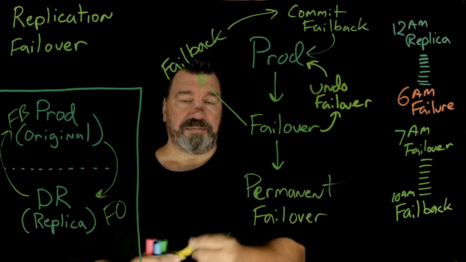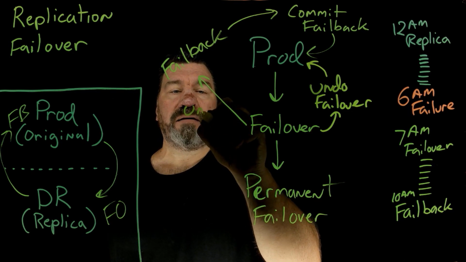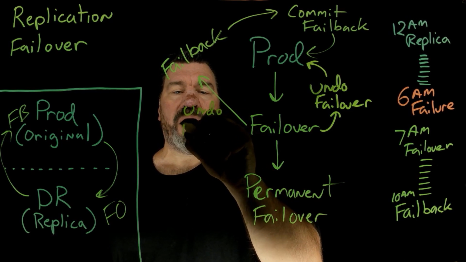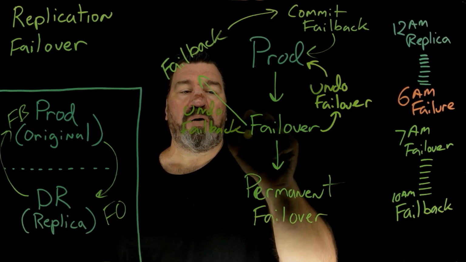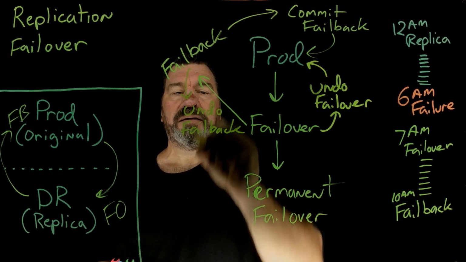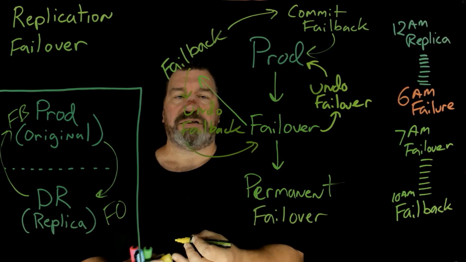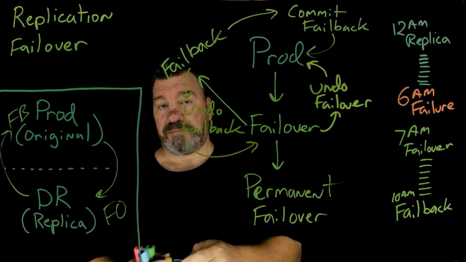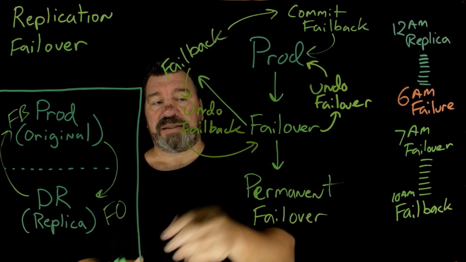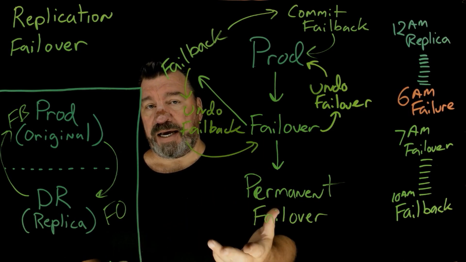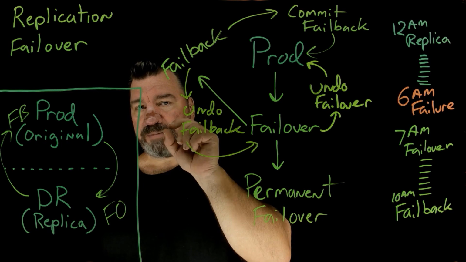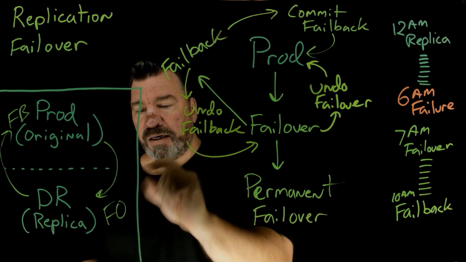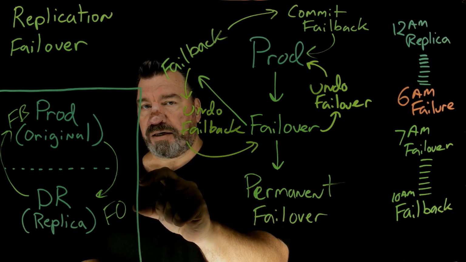The other one is undo failback. And this one is a little more odd. And you'll see what I mean in just a moment. So undo failback means going back to failover from failback. Now, the reason why this can become a bit confusing, and I actually titled it Data Confusion, is because I have a snapshot now running here and a snapshot running here, and I say, you know what?